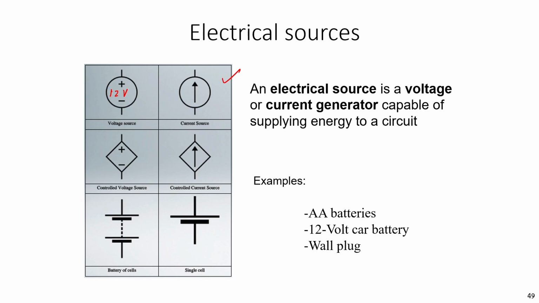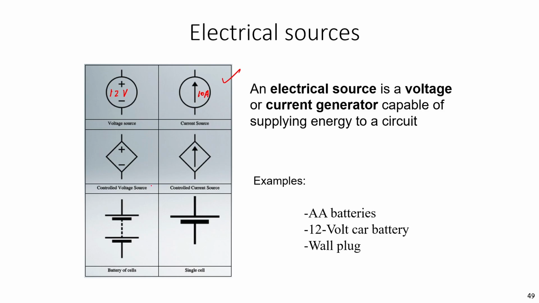You may not be familiar with current source. The current source is usually only in the laboratory. In real life, it's very rare to see the current source. It's a constant current source where it supplies, for example, 10 ampere constant. It usually comes from the power supply in the laboratory, or in the battery charger. Battery charger sometimes requires constant current to charge the battery. Okay.